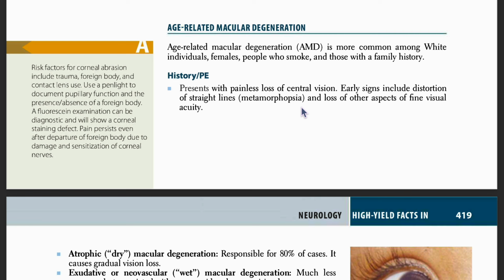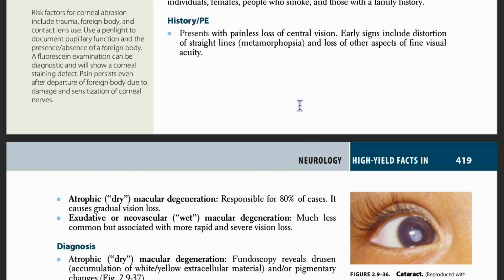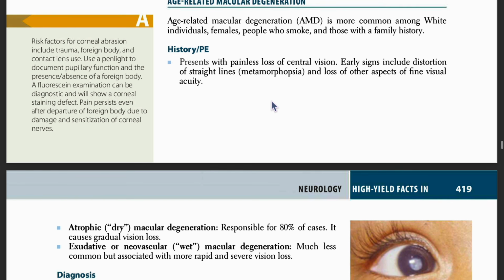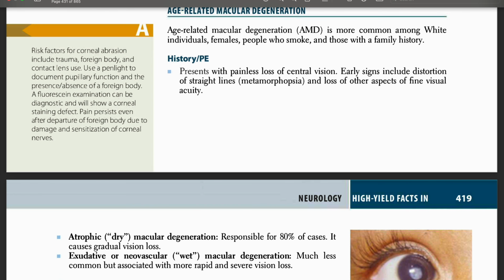Age-related macular degeneration is more common among white individuals, females, people who smoke, and those with a family history. History and physical examination: presents with painless loss of central vision. Early signs include distortion of straight lines, metamorphopsia, and loss of other aspects of fine visual acuity.